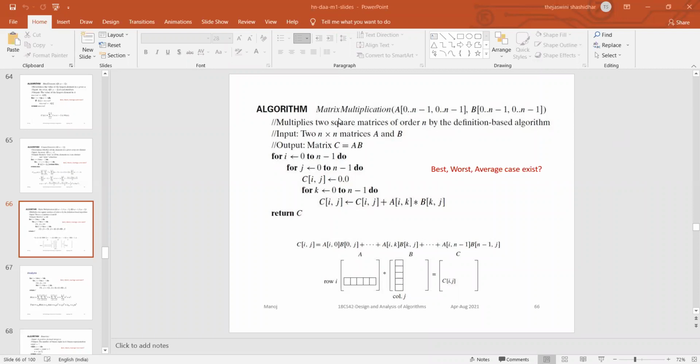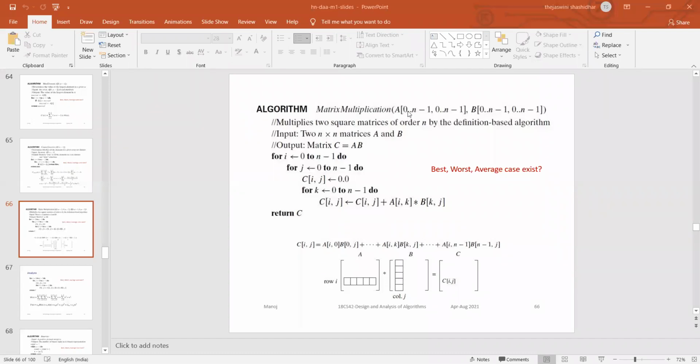So first, what is our algorithm name? Algorithm name is matrix multiplication. In order to multiply matrices, how many matrices do we need?